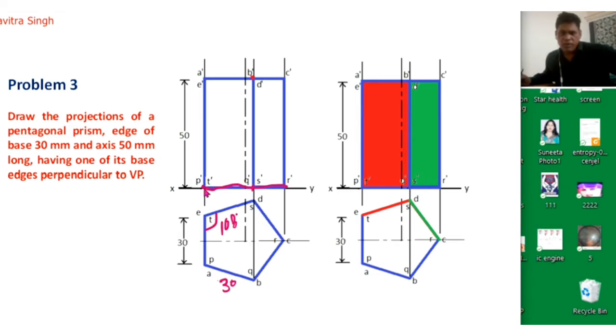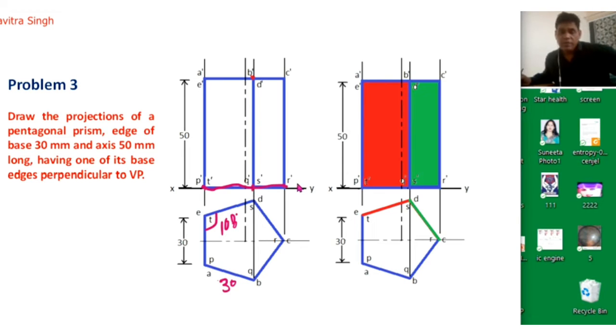Okay, so point P and T will be on this location. Point Q and S will be on this location, and point R will be on this location. So this is actually front view of this bottom surface, P dash, T dash, Q dash, S dash, R dash.